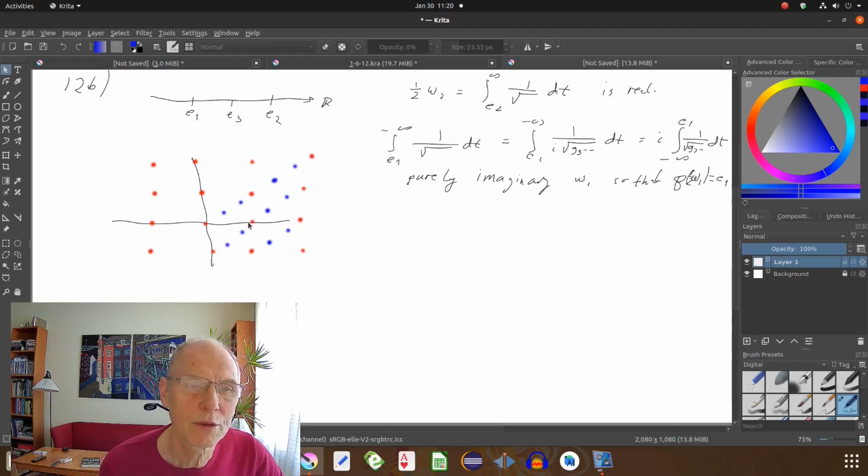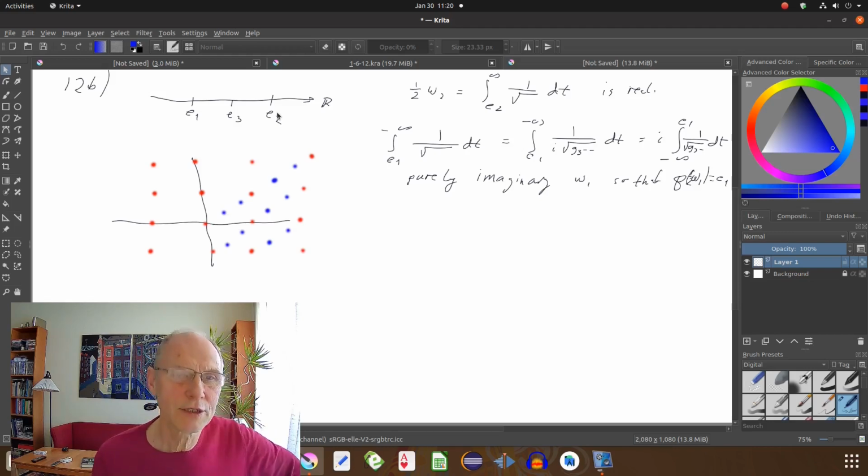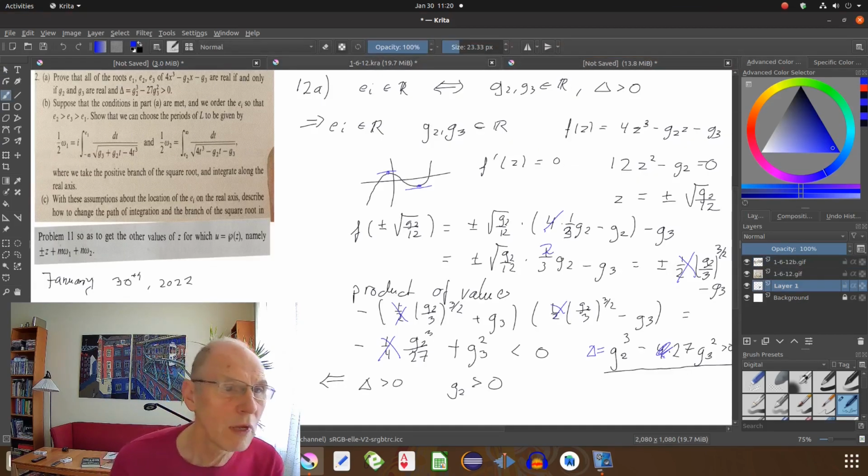So I have to find a way to do away with that. So we have to show that L is generated by these.